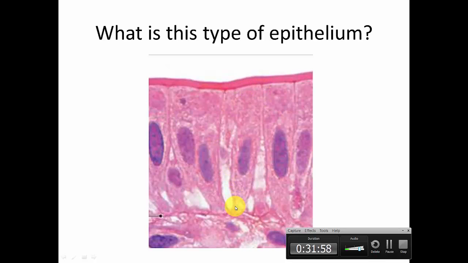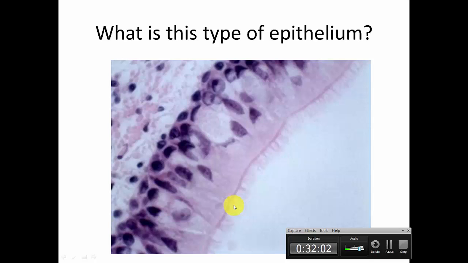So this is a simple columnar epithelium. How about this one? Well, this one's a little bit hard, but all cells start at the basement membrane. Some of them are very tall and they reach the top. So this is pseudostratified ciliated epithelium because I can see the cilia here.